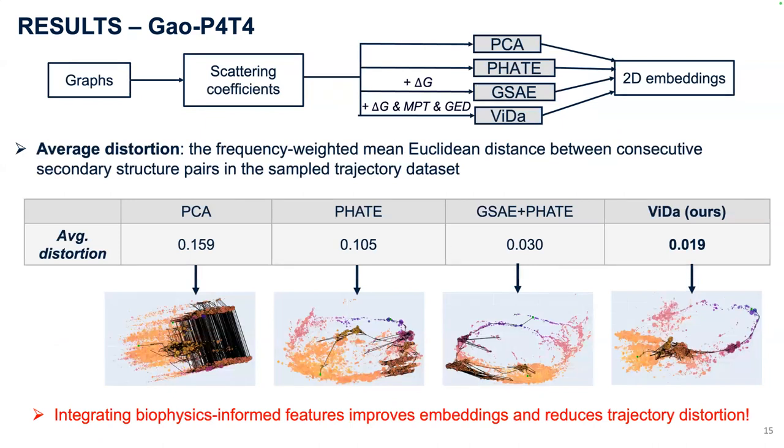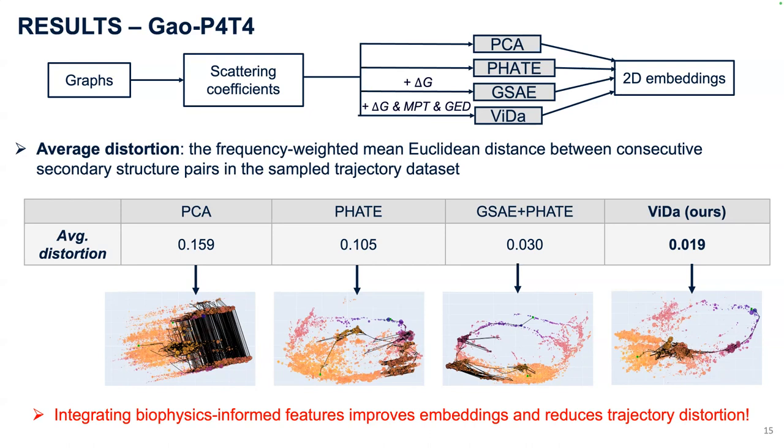We also compared ViDa with other common embedding methods, where some methods completely rely on the data itself, such as PSA and FADE, and some methods rely on part of biophysical features, such as GSAE. Because there's no ground truth for us to compare, we designed a quantitative metric called average distortion, to measure the average trajectory step length in the normalized embedding map, and the lower value represents the better embedding results.